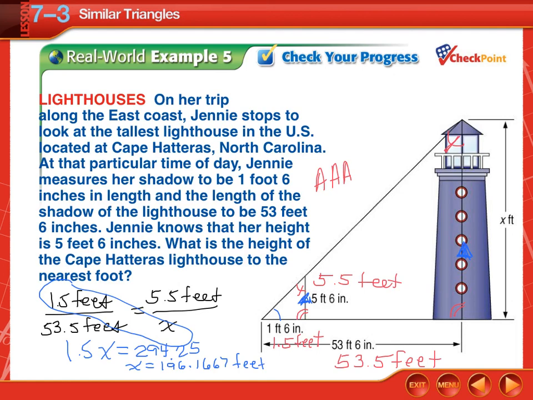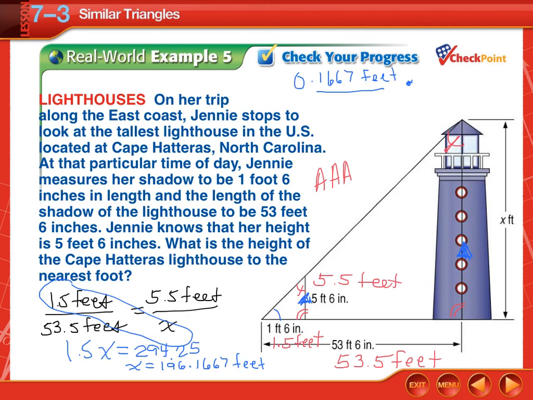Now, I really don't like the look of that in feet. I guess you could round up and say 196.2 feet, but I think we might as well put it in inches. So if we have 0.1667 feet, how can I convert that to inches? Well, multiply.